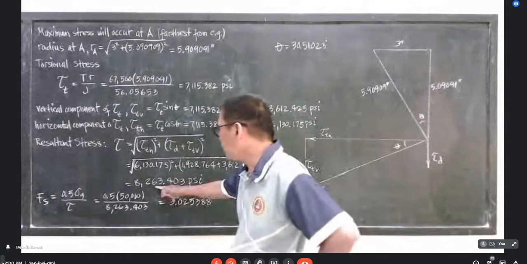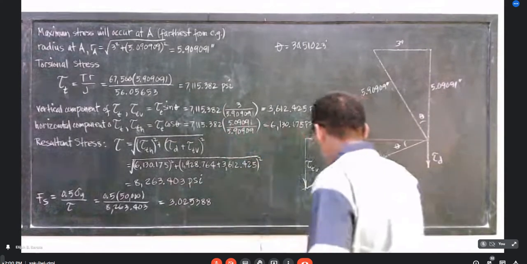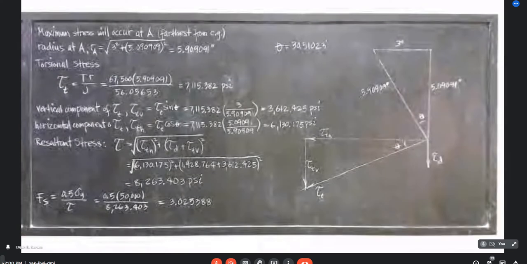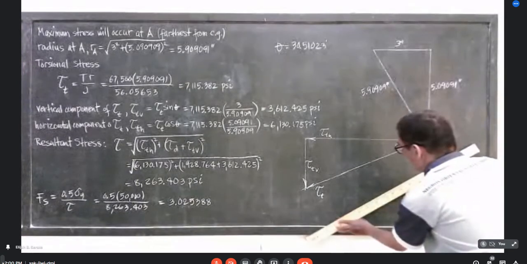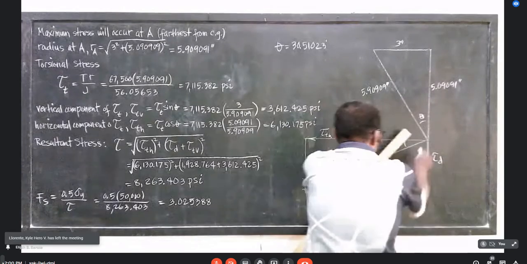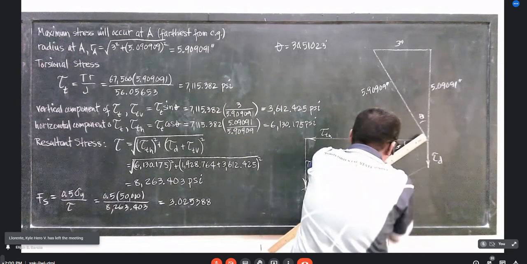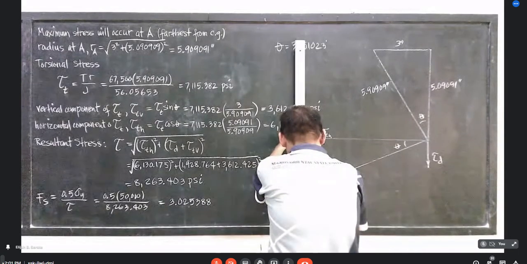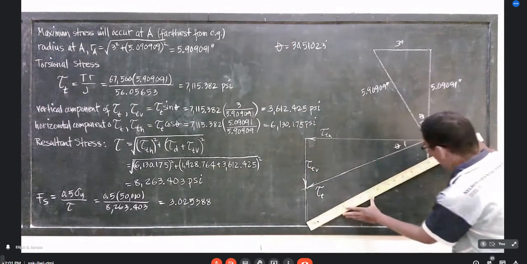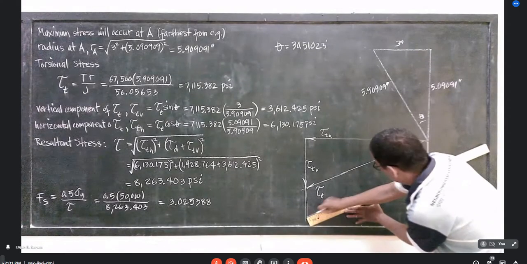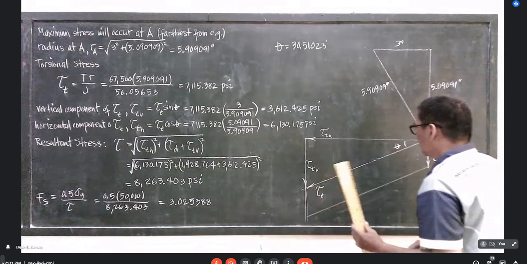So now, our resultant is actually something like this. Probably somewhere like here, no? Here is our resultant. So it is this one plus that one.